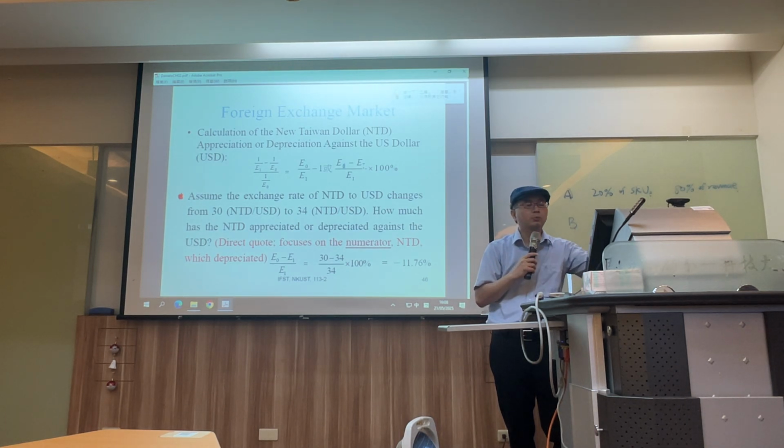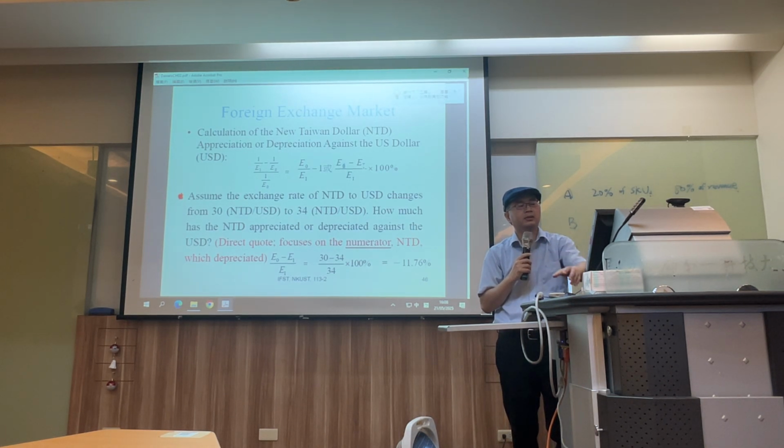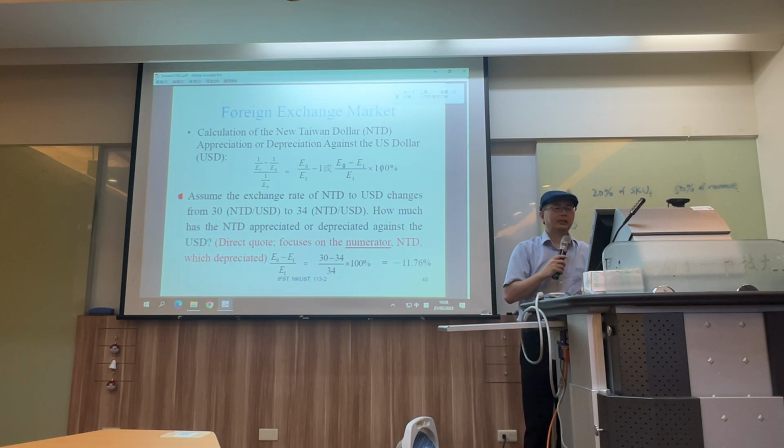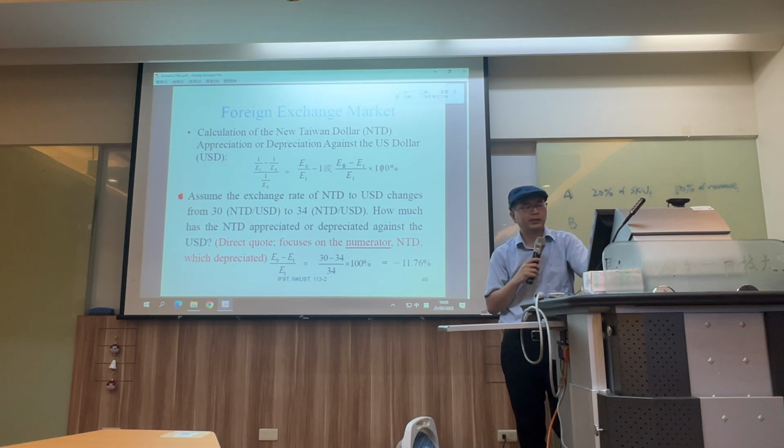So you have the former exchange rate minus the later exchange rate, divided by the later exchange rate, to derive the impact of the exchange rate changes for the numerator. In our case, that would be the New Taiwan dollar, right? Okay. So are you all familiar with the calculation now?